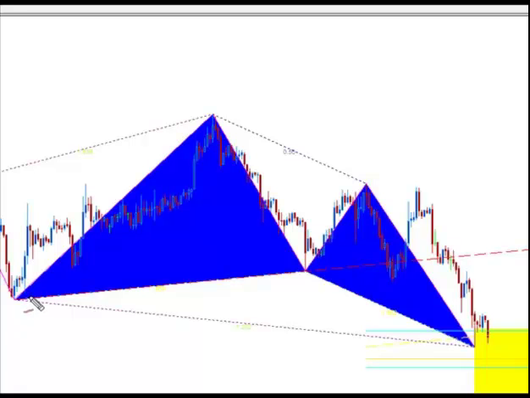So our X point, which starts off the pattern, is right here. And the XA leg will then get formed. And we'll be making our A point right at the top of the pattern here. This is your A point. And then we'll be coming all the way back down for a retracement to the heart of the pattern, which is our B point.